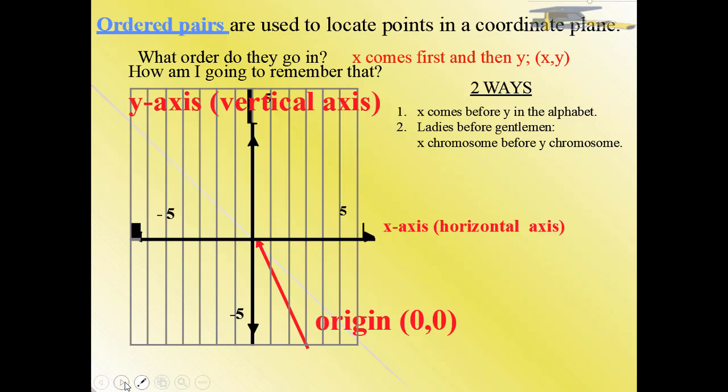So let's see what an ordered pair is and how to represent it on a coordinate plane. We learned that we have the x-axis horizontally, and the y-axis vertically. First of all, we have to see the x-axis.